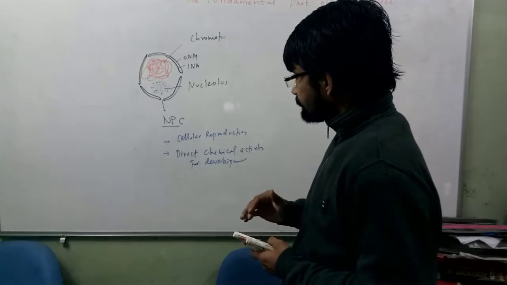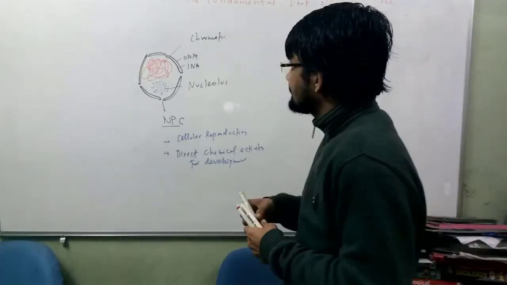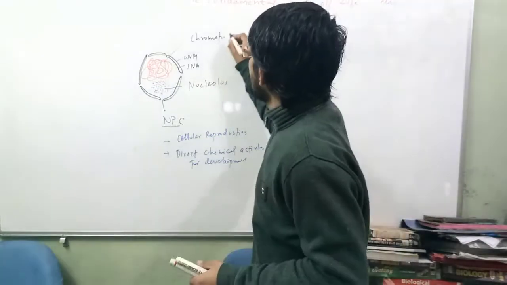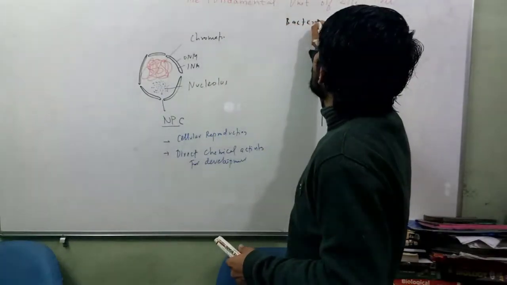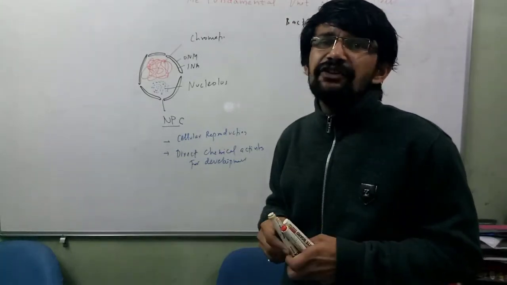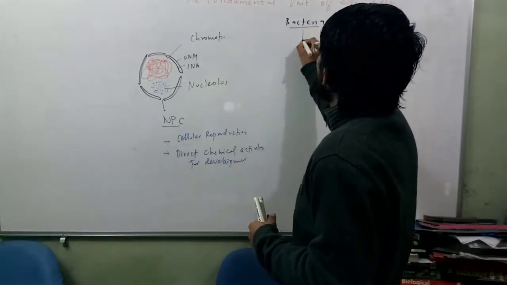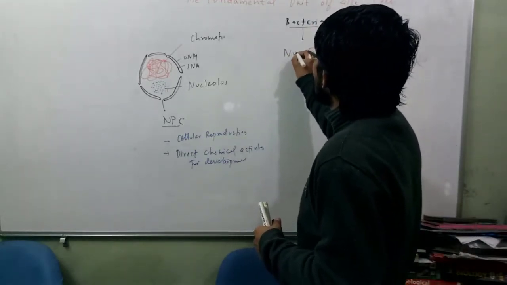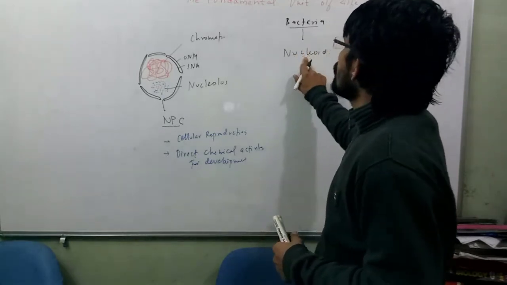So now if we talk about organisms like bacteria, I'm specifically talking about the bacteria. In the case of bacteria, we do not have a well-defined nucleus, right? In the case of bacteria, we basically have something called a nucleoid, which represents your nucleus.